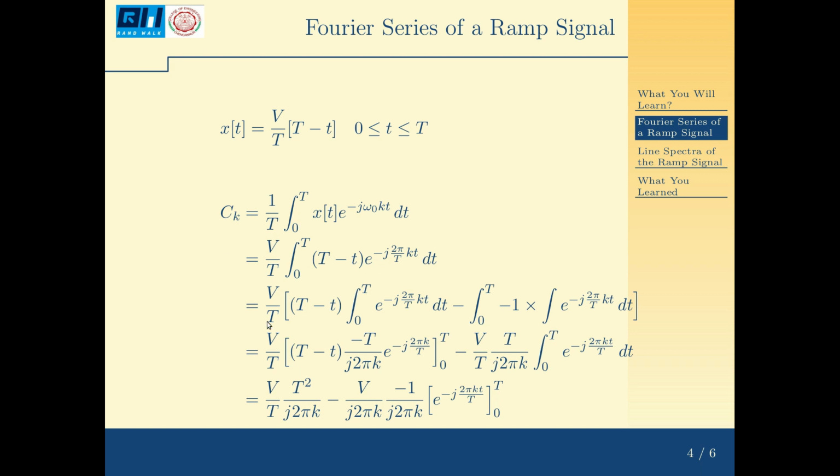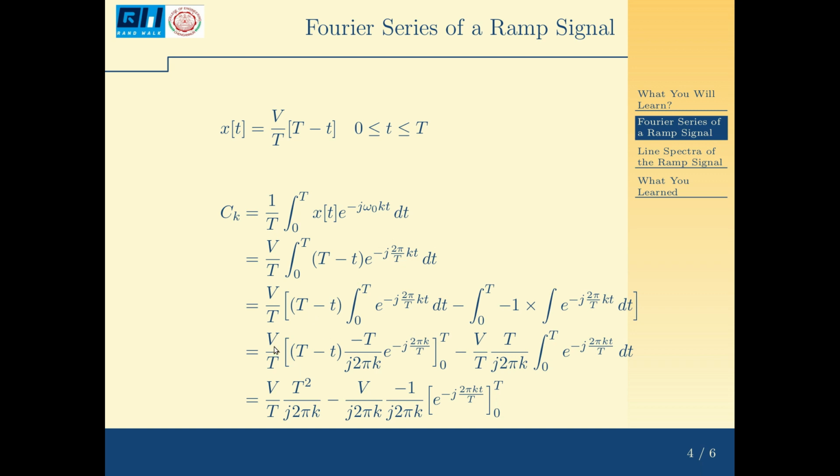V by T is common to both terms, so I will take it outside. Then the first function, capital T minus small t, times integral of e raised to minus j 2 pi k t by capital T, all with limits from 0 to T, minus integral of the derivative of the first function. The derivative of capital T minus small t with respect to t is minus 1. Then derivative of the first into integral of the second.